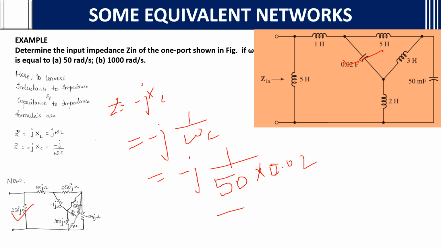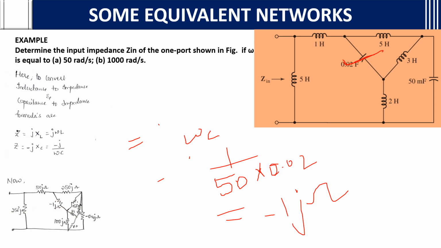If you calculate this, you get minus 1 j ohms. Nothing but we are converting this capacitor into resistance, minus 1 ohms. In the same way, we convert the other inductors and capacitors into this form.